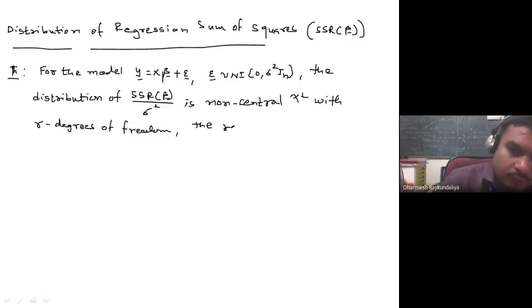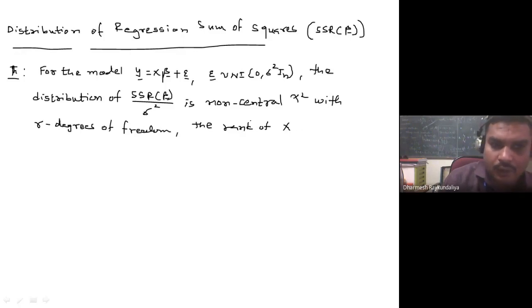The rank of X is r, so r degrees of freedom, why? Because the rank of X is r.